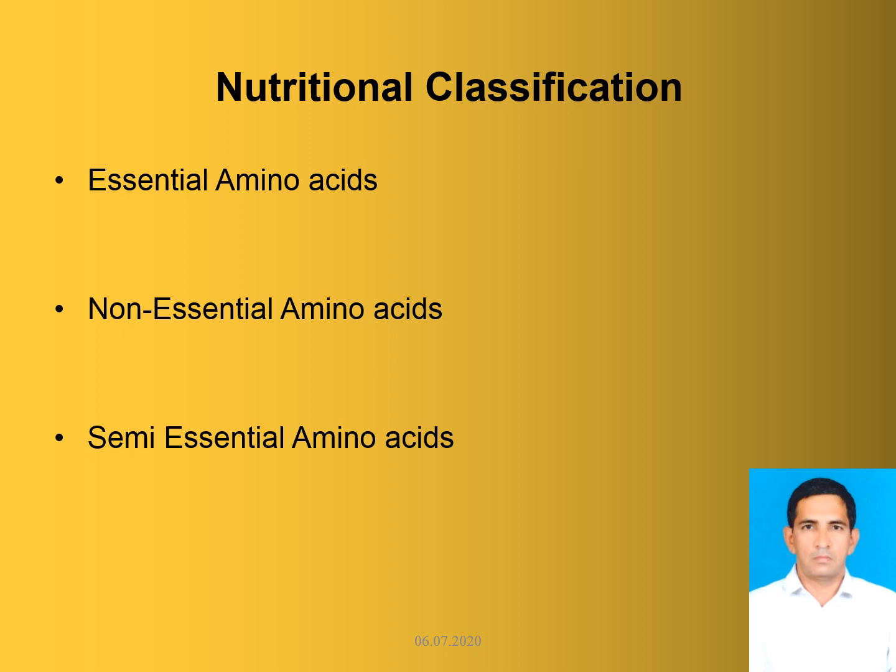Non-essential means that our bodies produce an amino acid even if we do not get it from the food we eat. Non-essential amino acids include alanine, arginine, asparagine, aspartic acid, cysteine, glutamic acid, glutamine, glycine, proline, serine, and tyrosine.